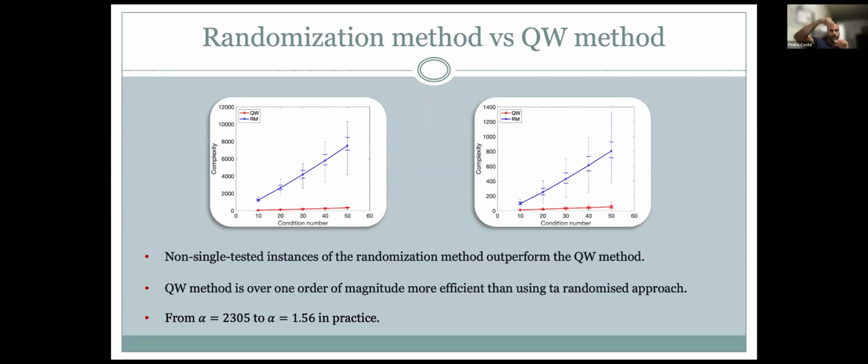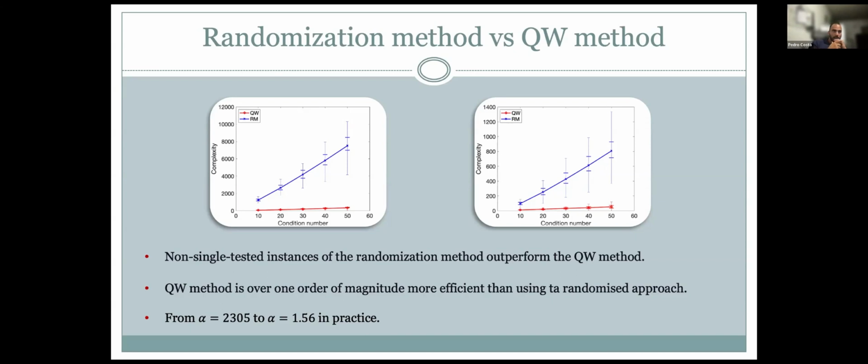You also see these error bars that consider the quartiles of the problem. And you see that actually the performance of our results was even better in the non-Hermitian case.